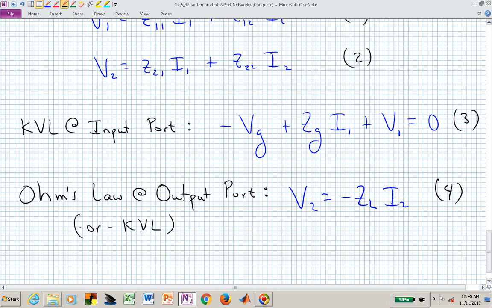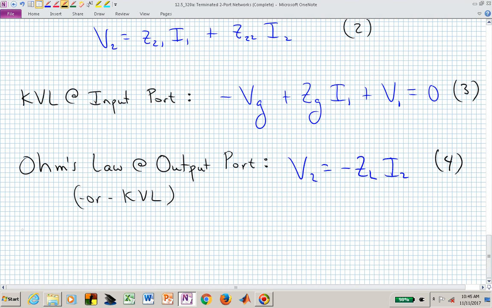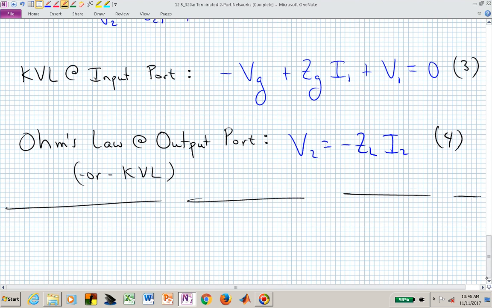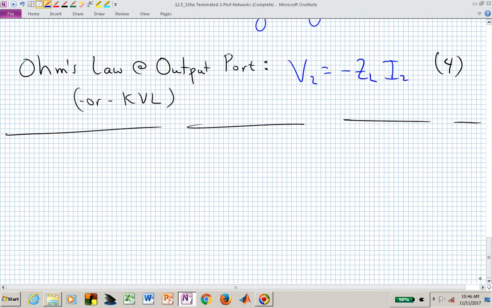What we want to do now is, using those four relationships, we have our two equations from the z parameters, and now because of the loading we can find a relationship between V sub G, Z sub G, and Z sub L on the two input and output ports of that circuit.